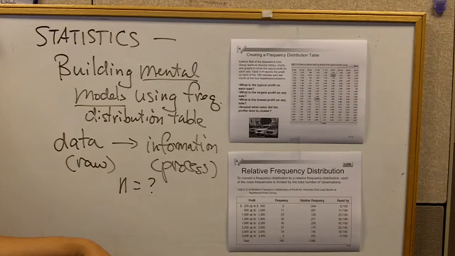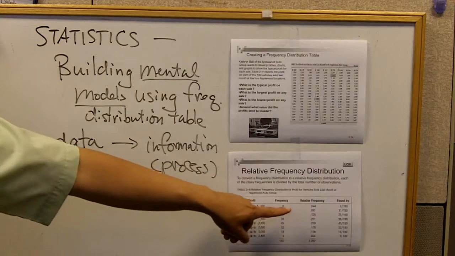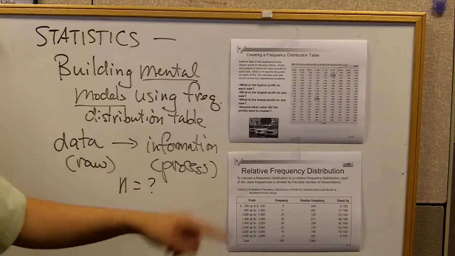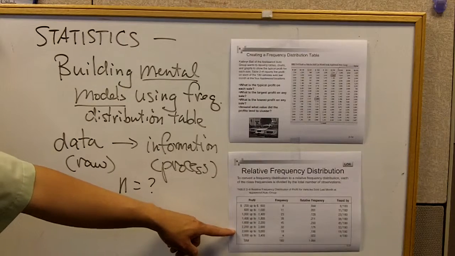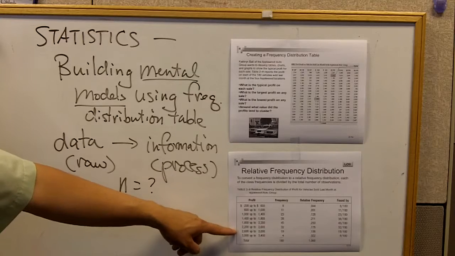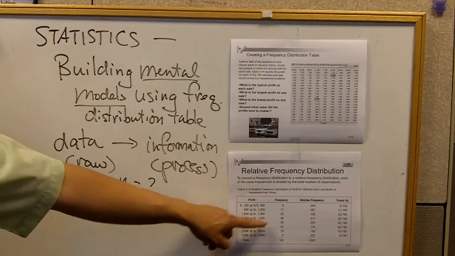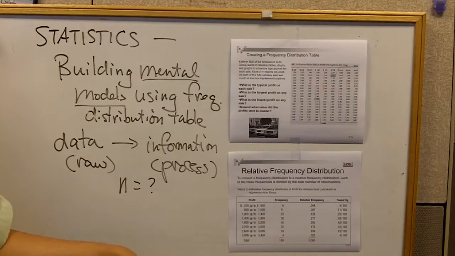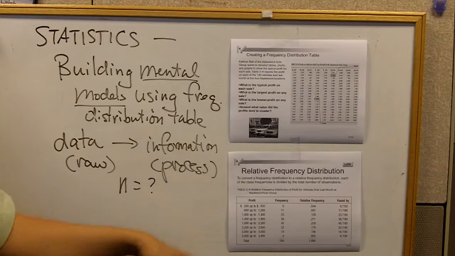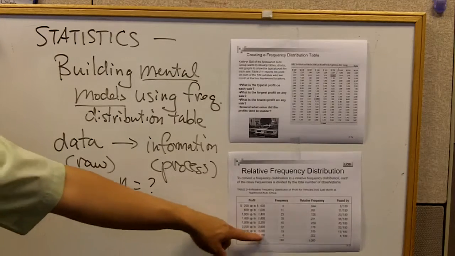For instance, by stacking up these relative frequencies, you can say that 88% of the vehicles that we sold have a profit up to $2,600, because when you stack up all these relative frequencies up to this level, you have approximately 87-88% of the profit values from 200 to 2,600. Likewise, you can also say that 12.8% of the vehicles have a profit between 2,600 and 3,400.